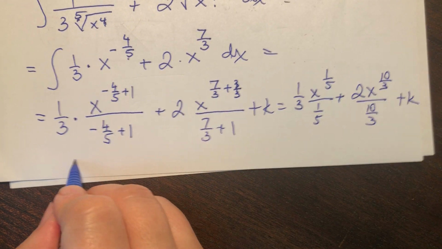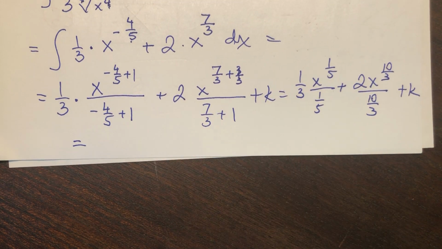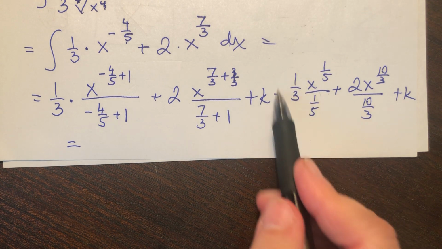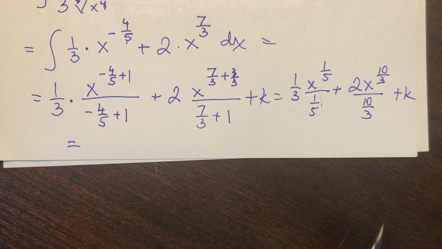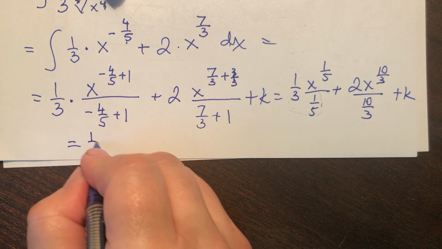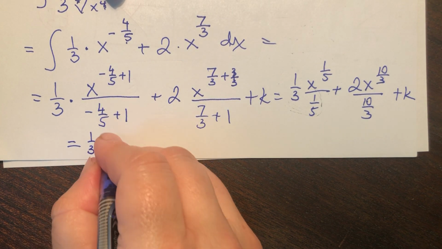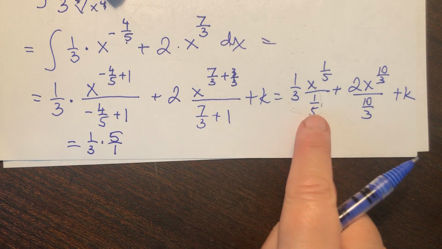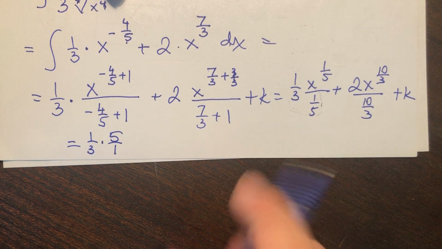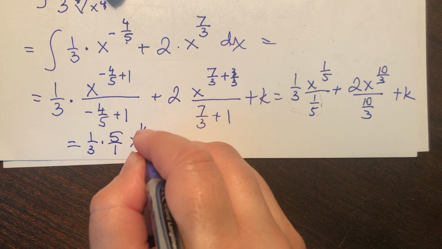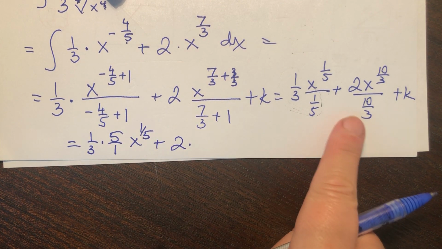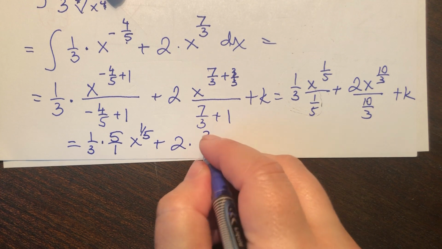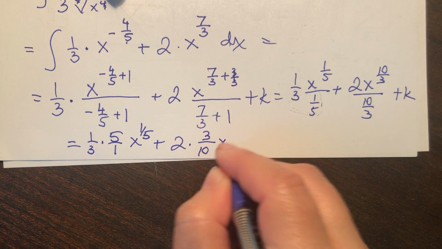So what else we need to do here is we need to make all this a lot prettier, right? So combine these coefficients, yes? So one more time, to divide by a fraction means to multiply by its reciprocal. So dividing by 1/5 means to multiply by 5/1. Same thing here, to divide by 10/3 means to multiply by 3/10.